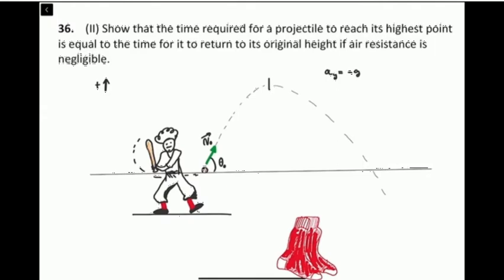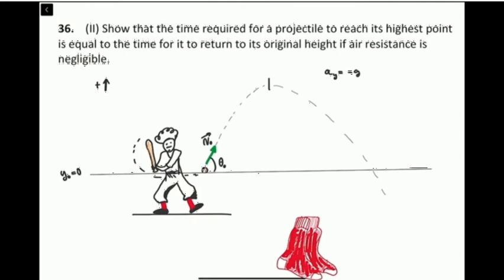Our initial height, we're going to make our initial height 0. And we're not dealing with the range. We're not dealing with how far the ball goes or the projectile. We're analyzing this problem in the y direction.